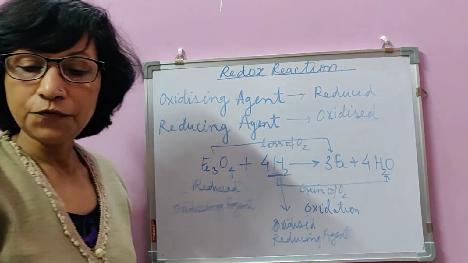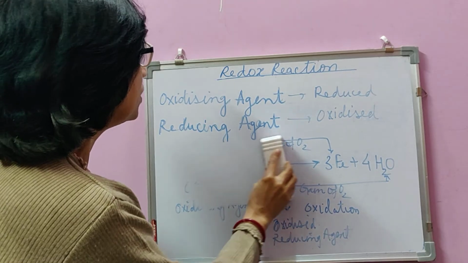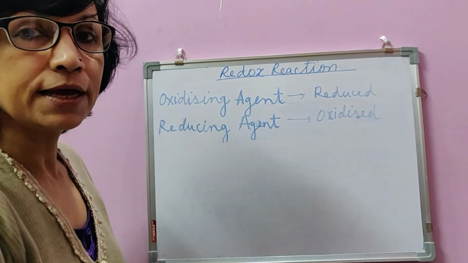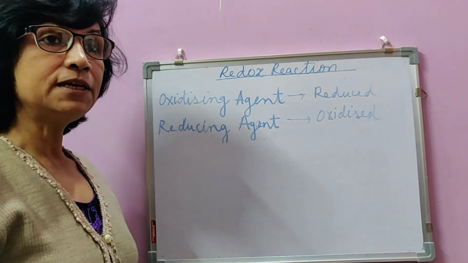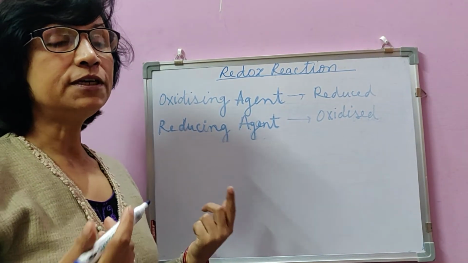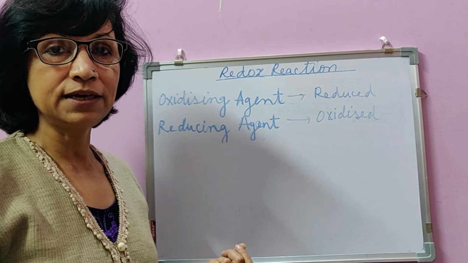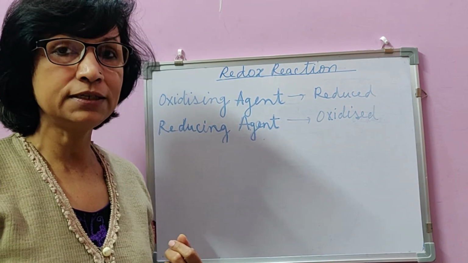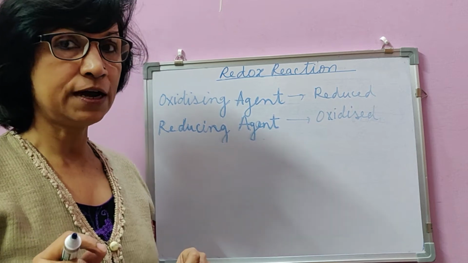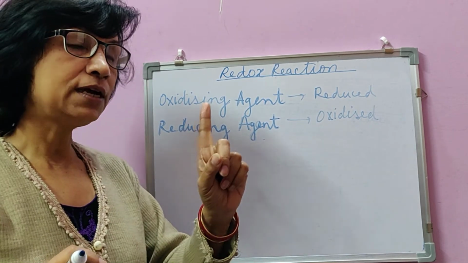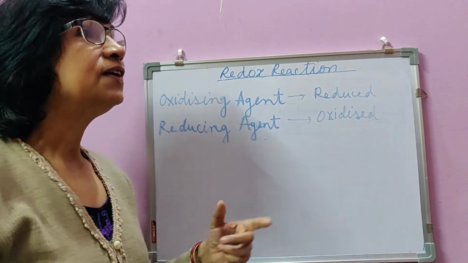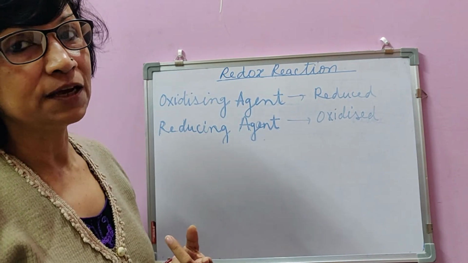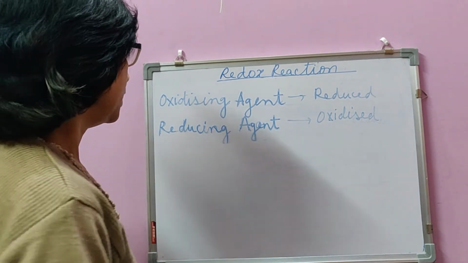It means if you are given a chemical reaction and you are told which substance is oxidized, or which substance is reduced, or which substance is acting as oxidizing agent and which substance is acting as reducing agent, it is not so difficult to understand. If you understand only one thing, which substance is oxidized or which substance is reduced.